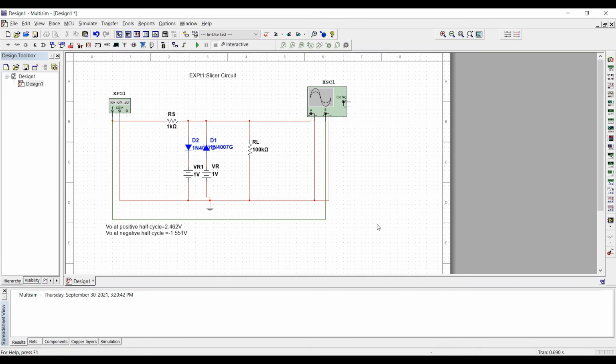We also want to see the voltages. So let us change this value also. Run the circuit. Stop it.